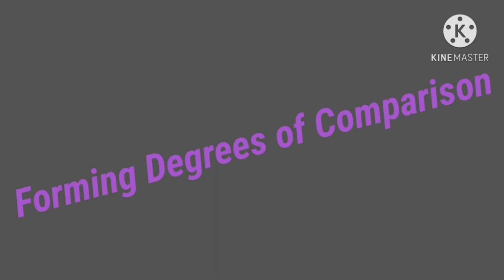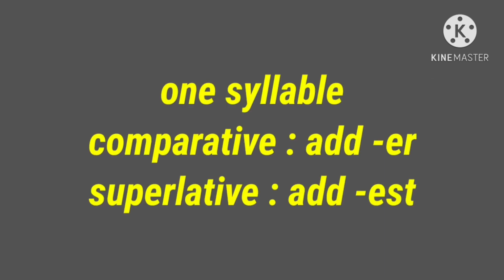Forming degrees of comparison. To form the comparative degree and superlative degree of adjectives of one syllable, add er and est to the positive form of the adjective. For comparative add er, for superlative add est.